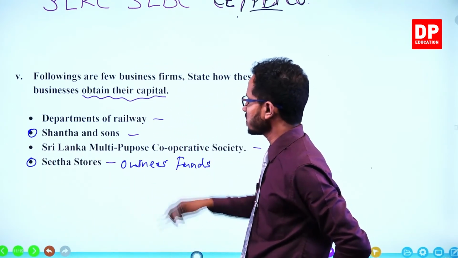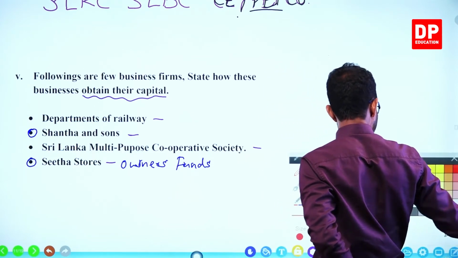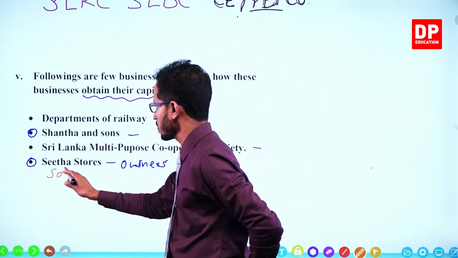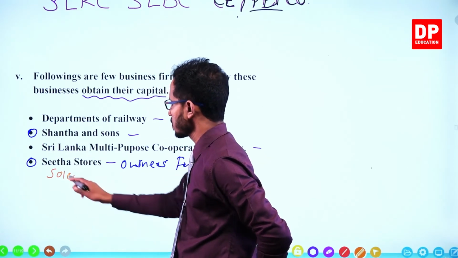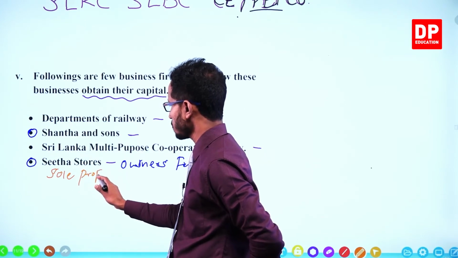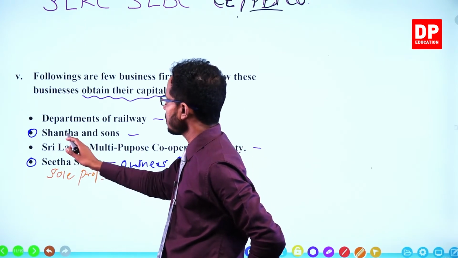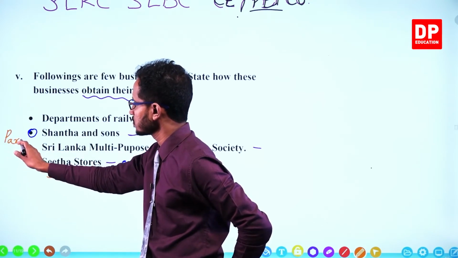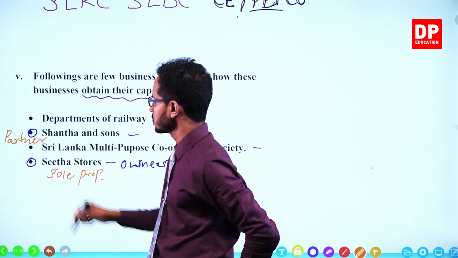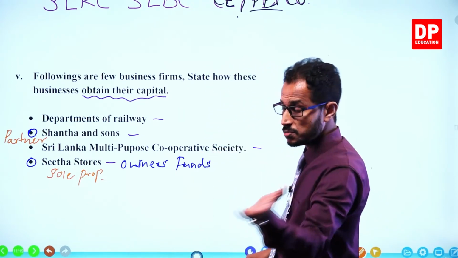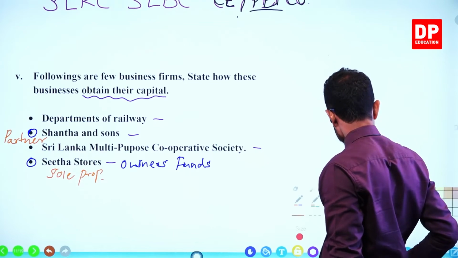Shanta and Sons, it's a partnership. This one is a sole trader, sole proprietor. This is a partnership. How do partnerships get their capital?